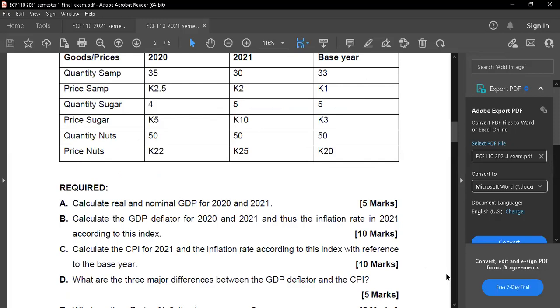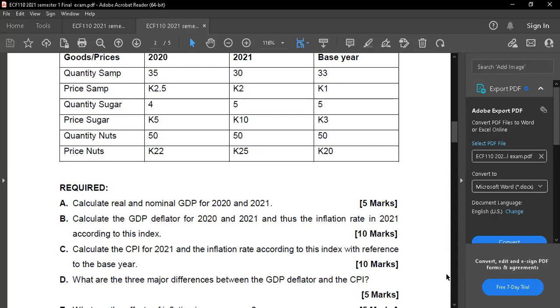Then I think the rest, which are down, just talk about the CPI for 2021 and the inflation rate according to the index with reference to the base year. The one we have just calculated is question C, which tells us to find the CPI.